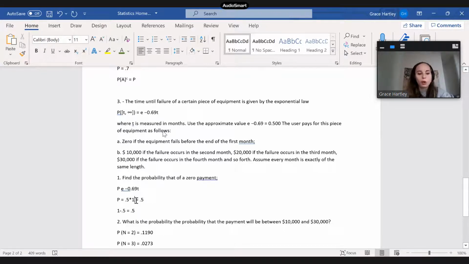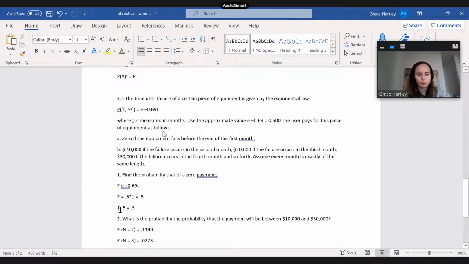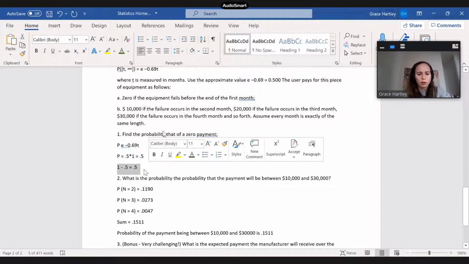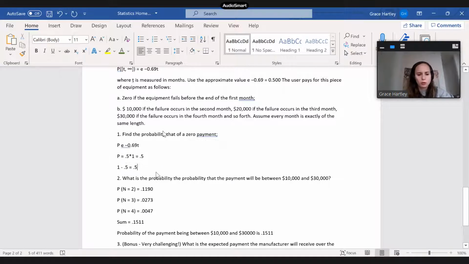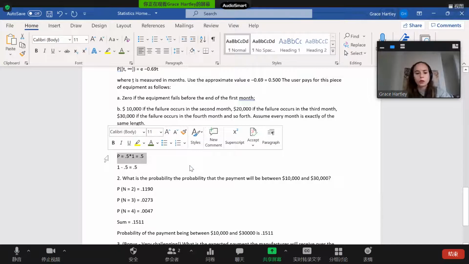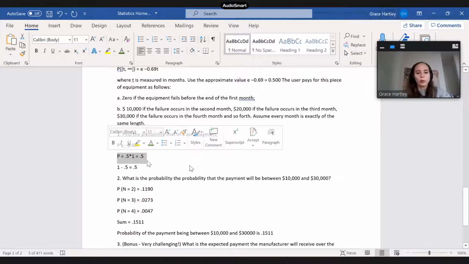It's just P from 1 to unlimited. So that is the probability of this equipment failing from the end of the first month to never failing, right? And why are you doing the complement for this one again? Just because I'm computing the probability of it failing before the end of the first month. This I'm calculating the probability of it not failing.